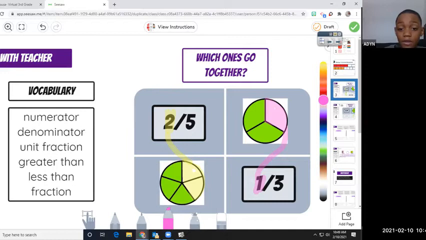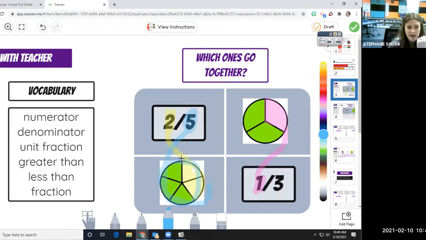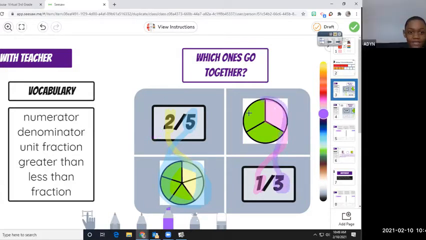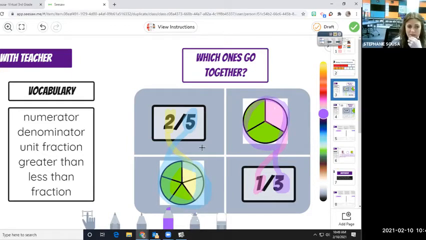Yes, because it says a 5 and it's 5 pieces on each and 3 pieces on the other one. So this goes together because it has a denominator of 5 and there are 5 pieces. And this one goes together because it has a denominator of 3 and there are 3 pieces. So this has the same denominator and this has the same denominator.